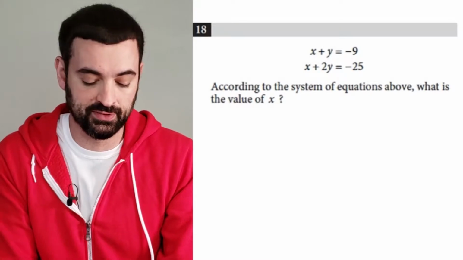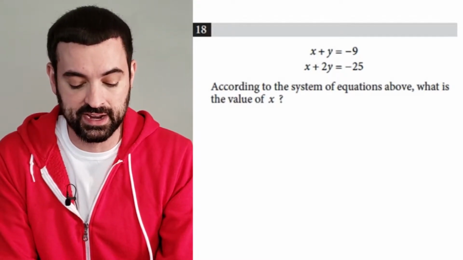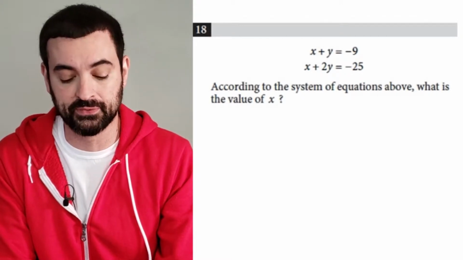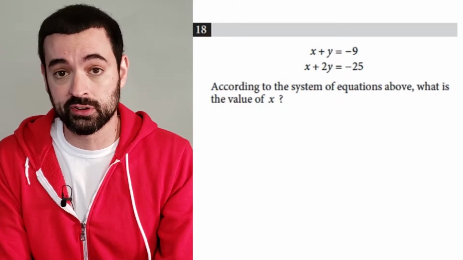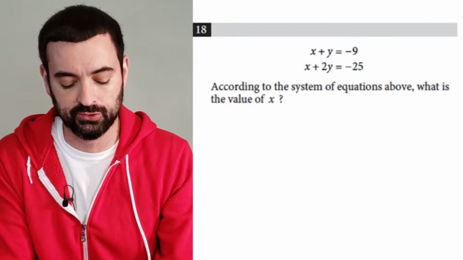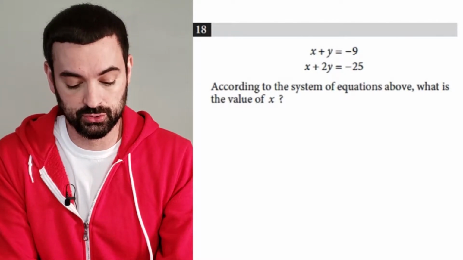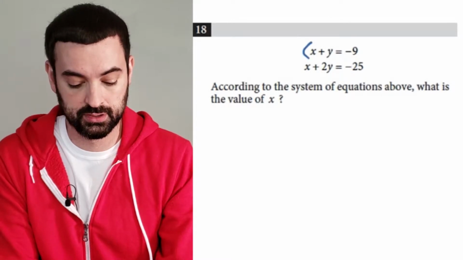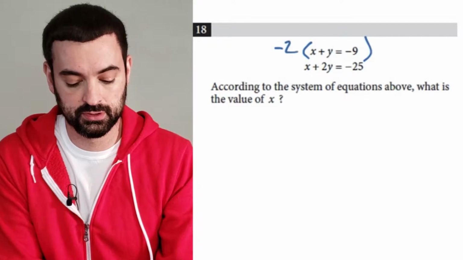This is a free response question, and we're given a system of equations here. x plus y equals negative 9, and x plus 2y equals negative 25. We could solve this with either elimination or substitution. I'm going to use elimination, which means I'm going to multiply the top by negative 2.